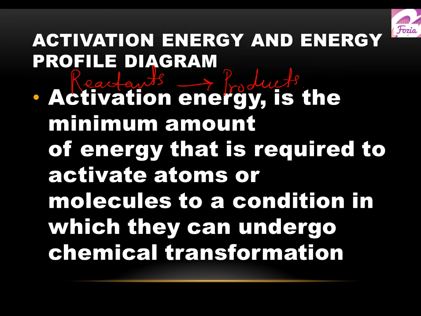That means they must be involved in the breaking of bonds and reuniting to make the new products by rearranging them. So the activation energy is required to create a condition, or an atmosphere, in which the reactants or the chemical species can undergo chemical transformation.